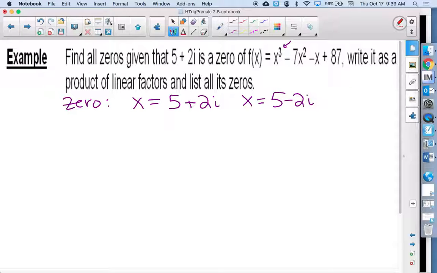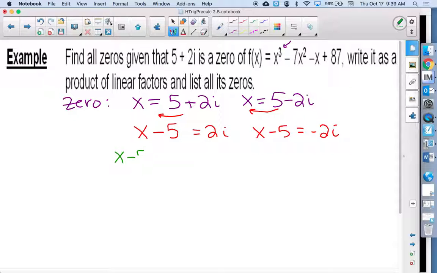What was their equation? The first thing we're going to do is move the 5 over. So this becomes x minus 5, and that's equal to 2i. This is also x minus 5, that's equal to negative 2i. I'm going to continue to move things over, so you could have done this in the same step.